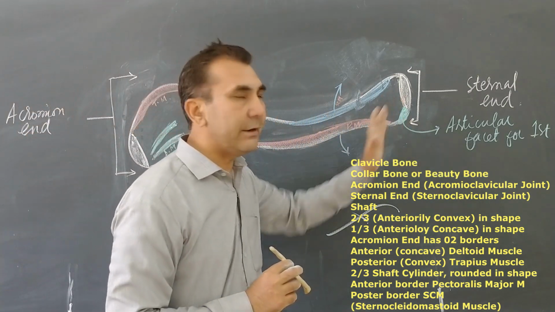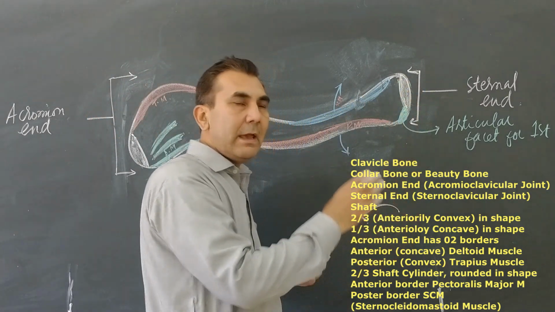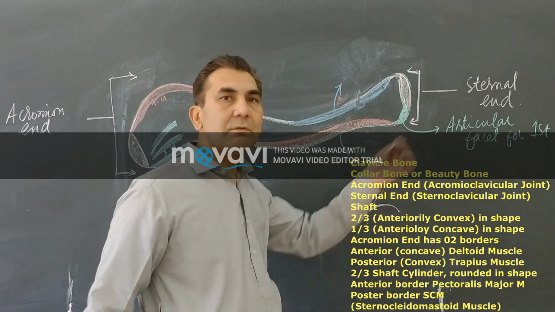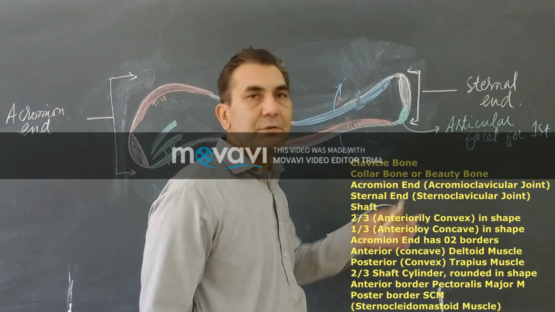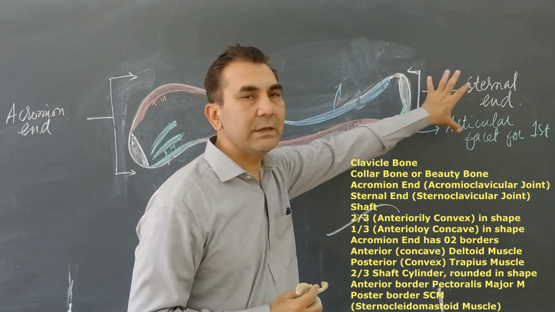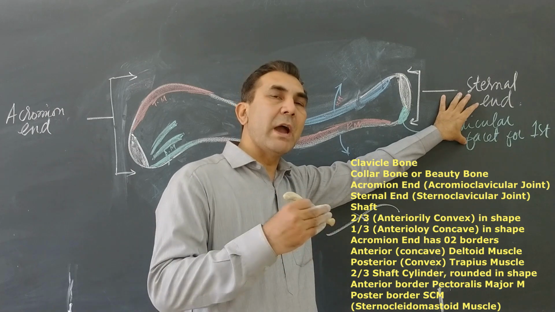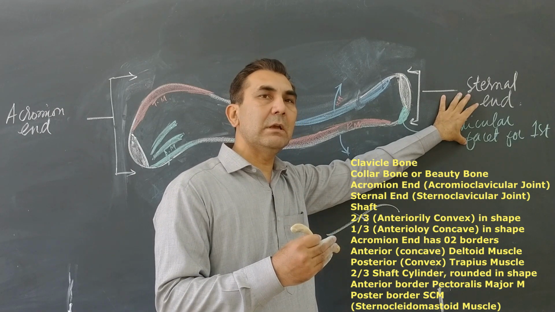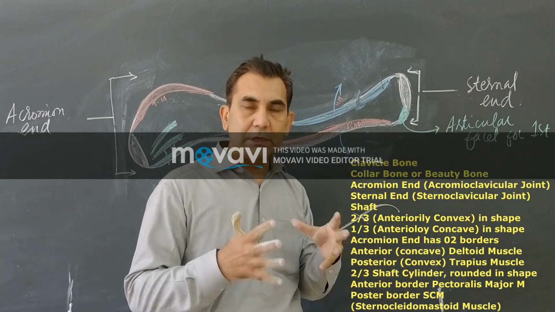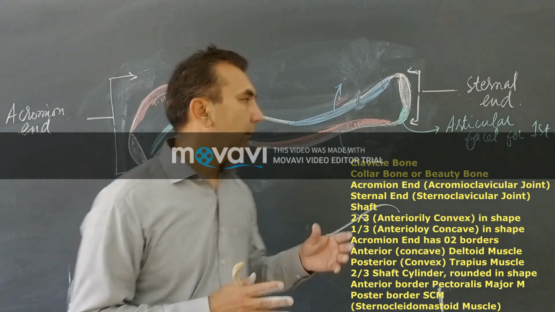The other end is a little rounded and straighter, and it attaches to the manubrium of the sternum. This end is called the sternal end. When the sternal end joins with the sternum, it makes the sternoclavicular joint.